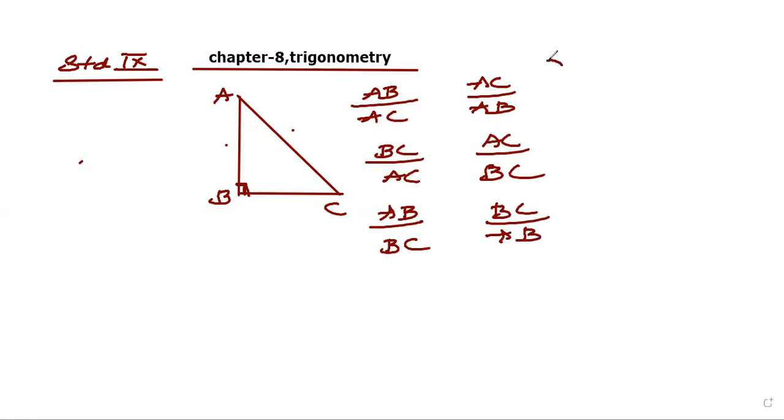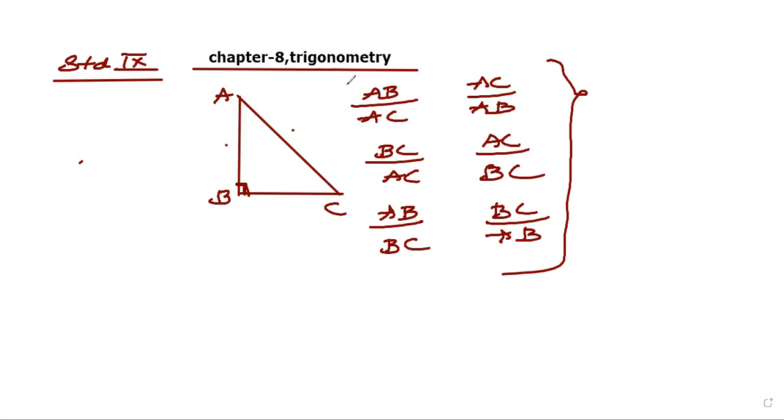You cannot find a ratio more than the 6 ratios. So between the sides of a right angle triangle, I can find only 6 ratios. 6 ratios से ज्यादा नहीं. Are you getting me, children?